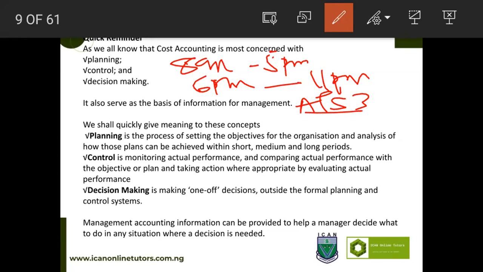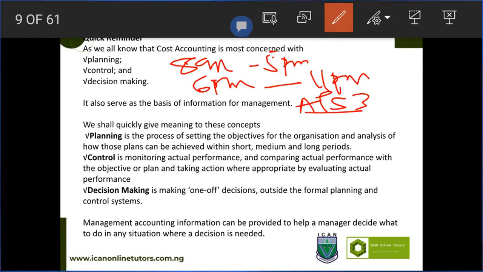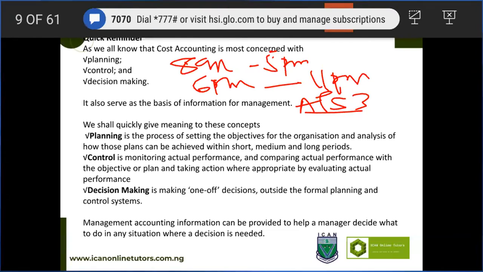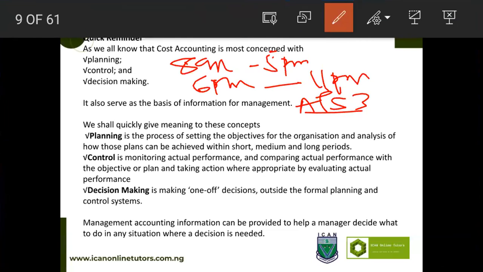Controlling is, at the end of the day, what did I achieve today? Did I really read? Am I actually writing ATSWA? Have I watched my video from ICAN online? Have I solved the assignment that the instructor gave me? That will give you the answer to know whether you are actually monitoring your performance or not.